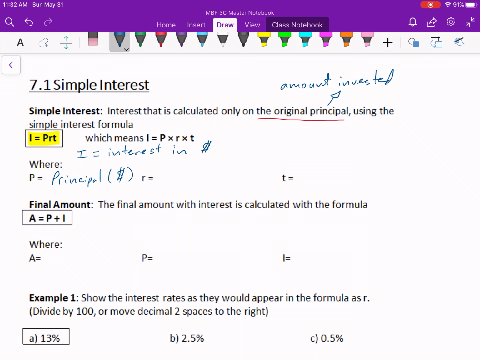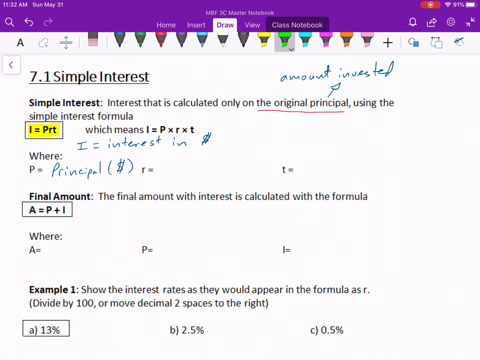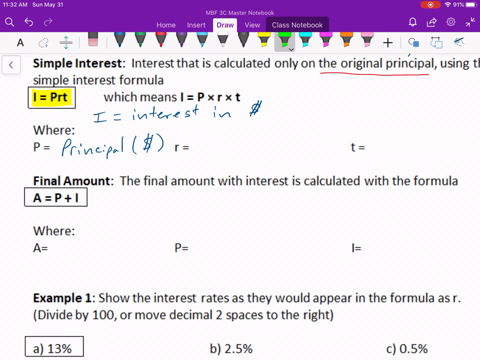R is the rate. So that's the interest rate. And that's always given.